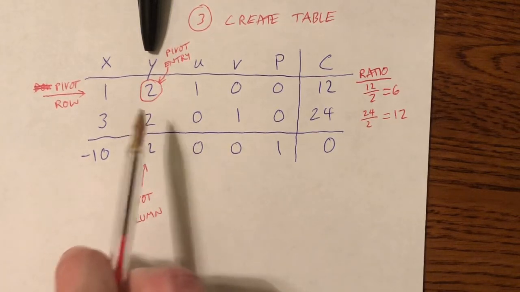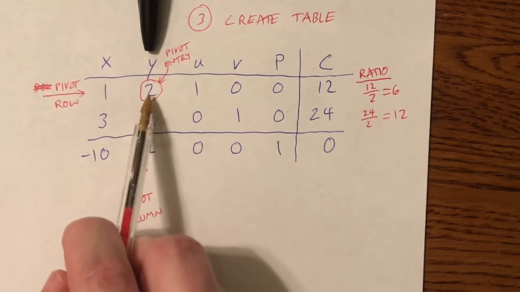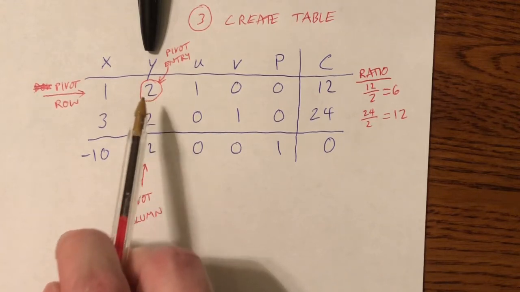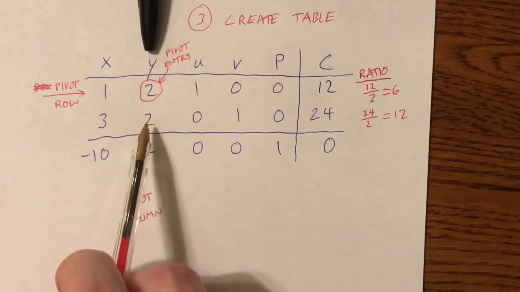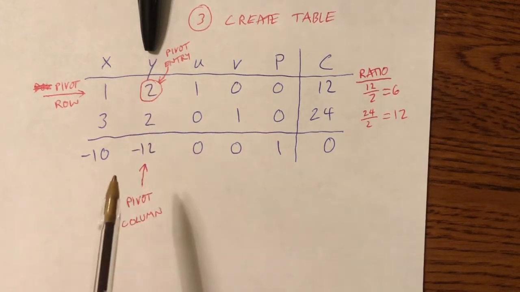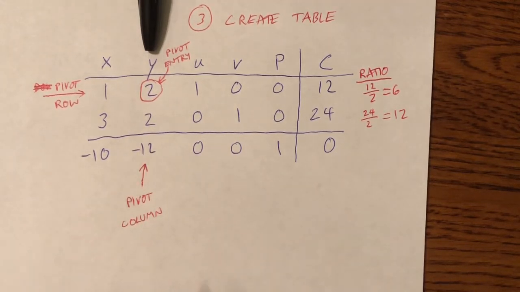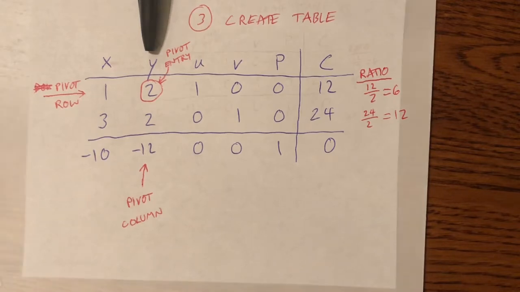Then, if this is not already a 1, you're going to make it a 1. After you make this a 1, you're going to zero out everything else in this column, just like you did when you learned row operations back in chapter 5. Remember Gauss-Jordan elimination? All that stuff is going to come back now in this section, the simplex method. So I'll walk you through those steps.